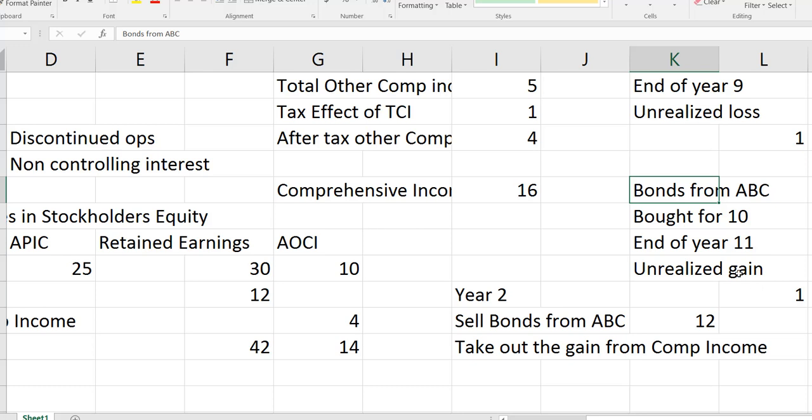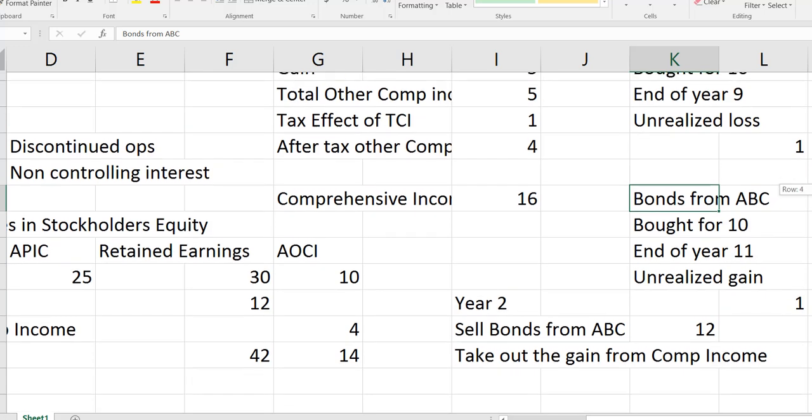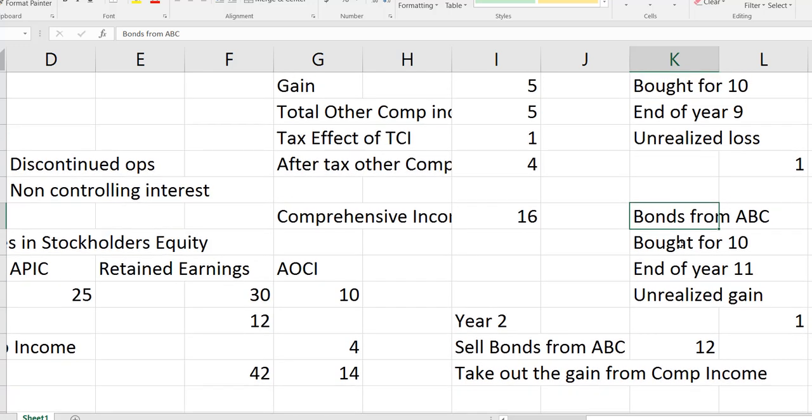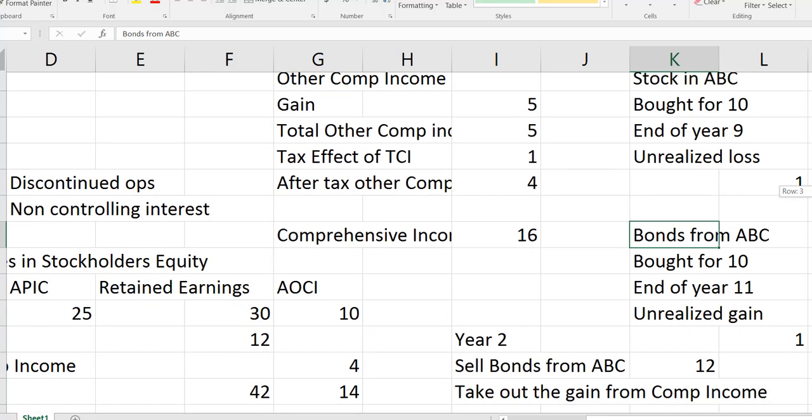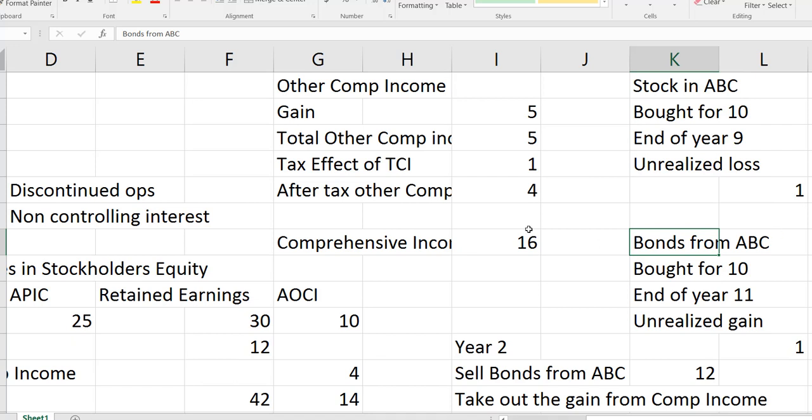We make the balance sheet go up by the $1, and we then have this $1 unrealized gain. And because they're held for a long period of time or available for sale and they're debt securities, that gain would go to other comprehensive income, not the income statement.